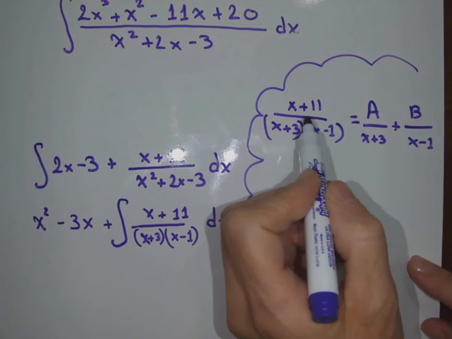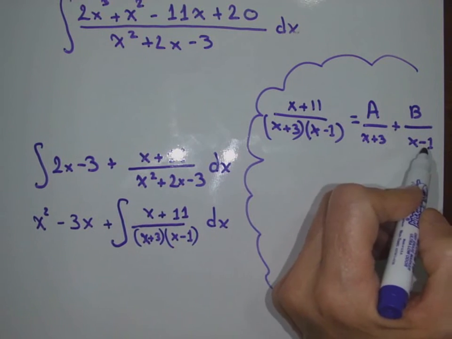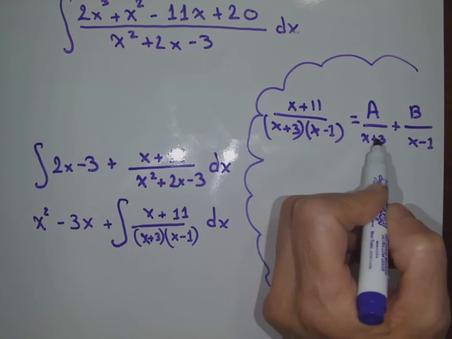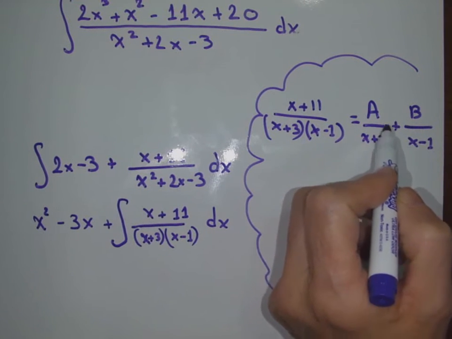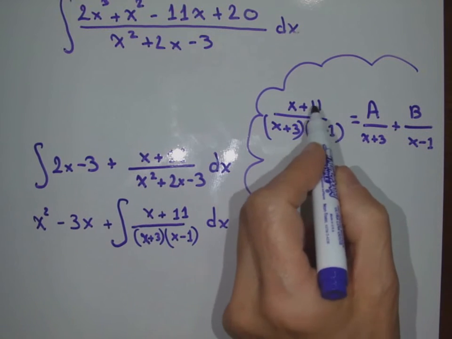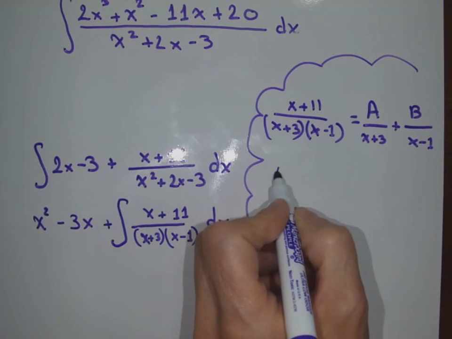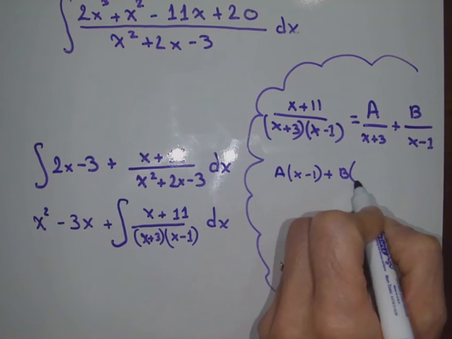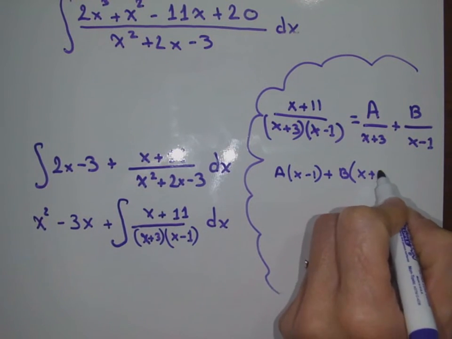And then to combine here, I will do a times x minus 1, right? And then I will do b times x plus 3. And that will then be equivalent to what I have up here. So a times (x minus 1) plus b times (x plus 3).